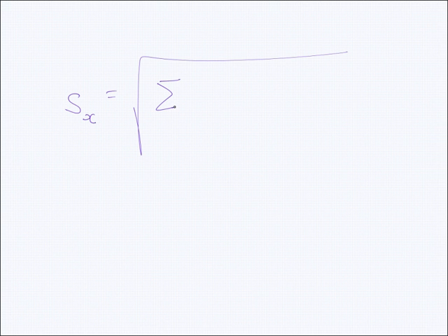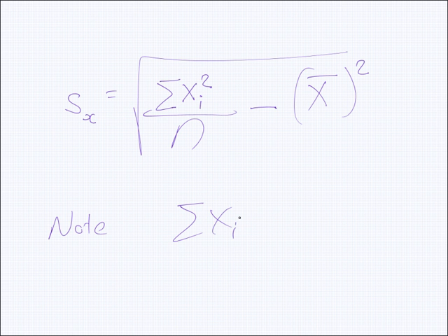I think they say small s x equals the square root of the sum of x i squared over n minus average x, squared. x i just means data 1, data 2, data 3, data 4. And then in the question they would often say, note, sum x i squared equals whatever.